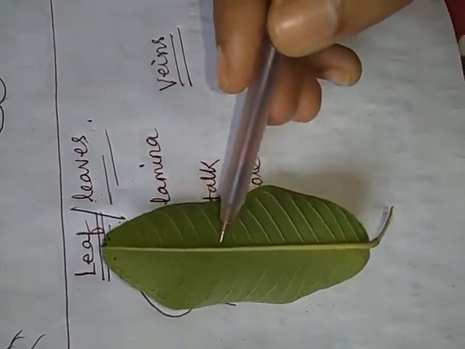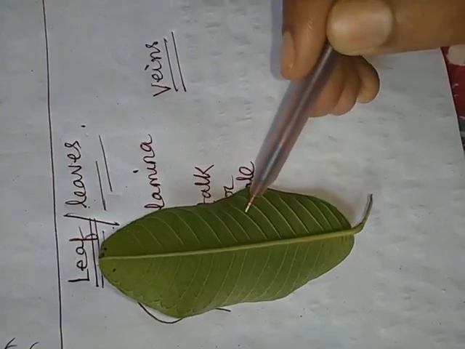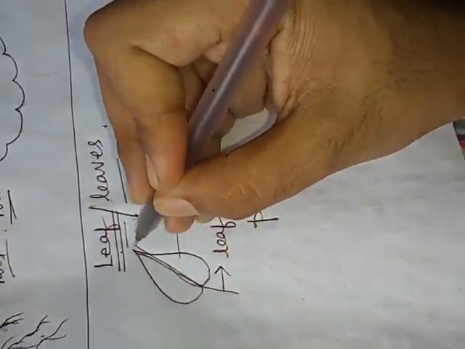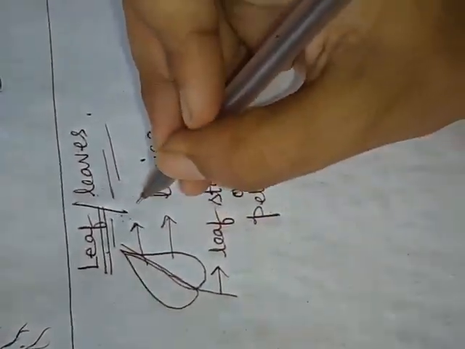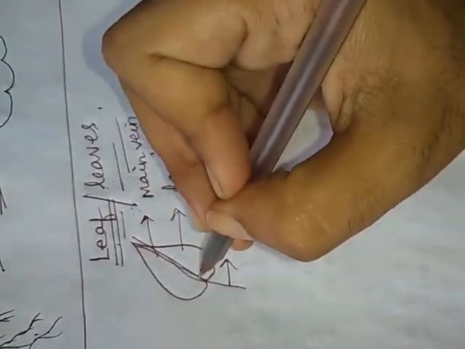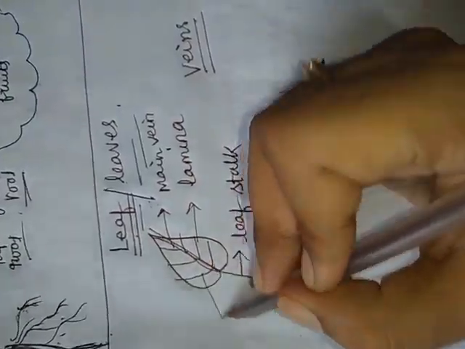The middle one is the main vein, and these are the branch veins.